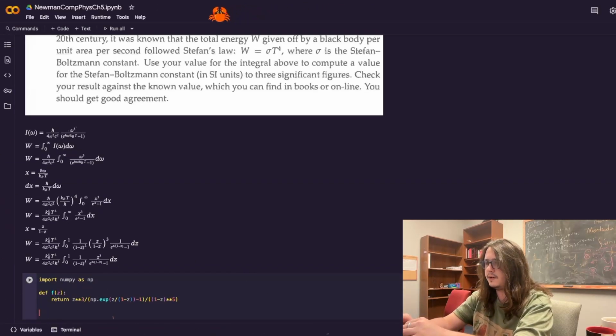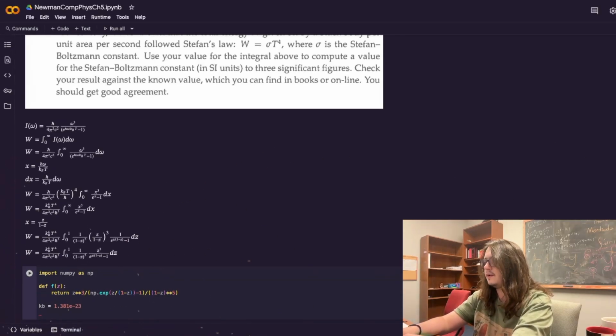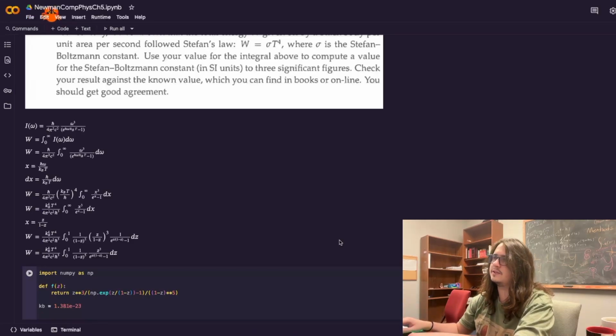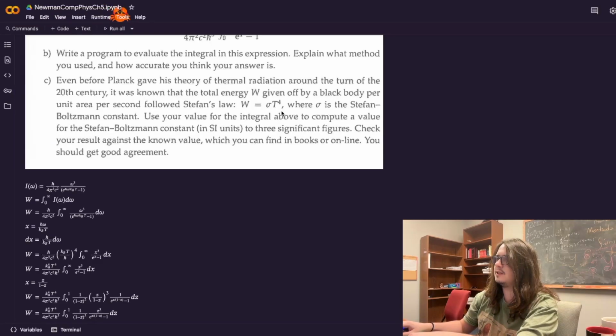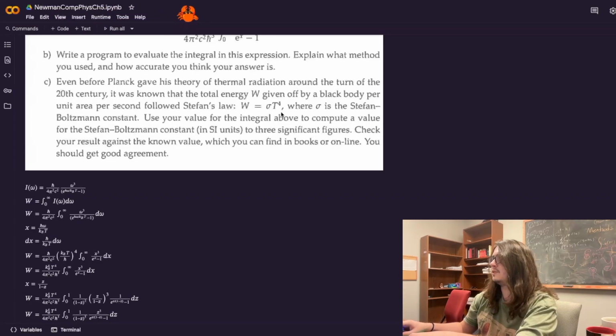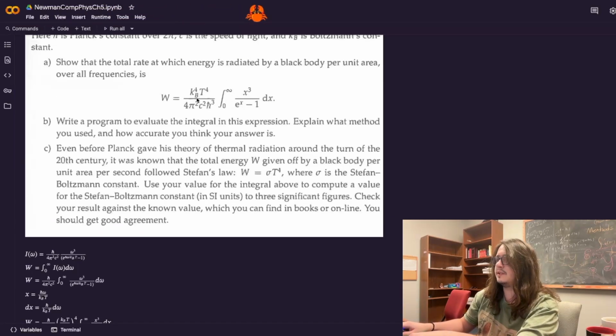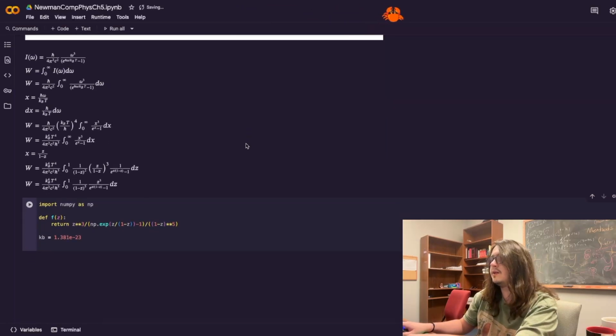Okay, we're going to define some physical constants. So that's going to be kB, the Boltzmann constant, 1.381 e to the minus 23. We aren't going to be including T because we're going to be comparing it against sigma times T to the fourth, so we really just need sigma. So basically, we're going to be calculating this equation without the T to the fourth.